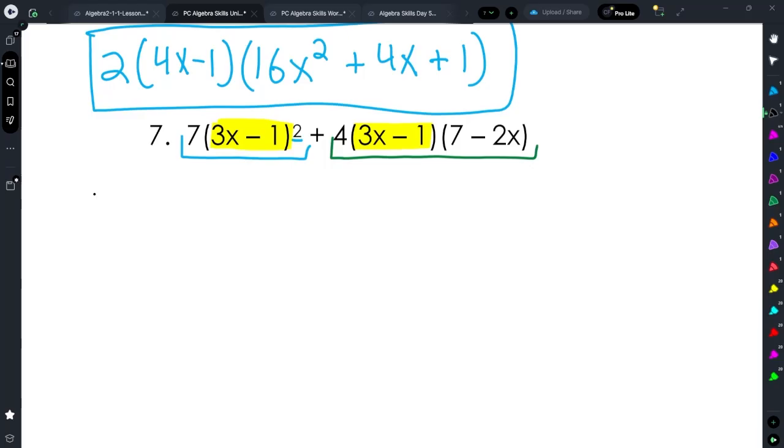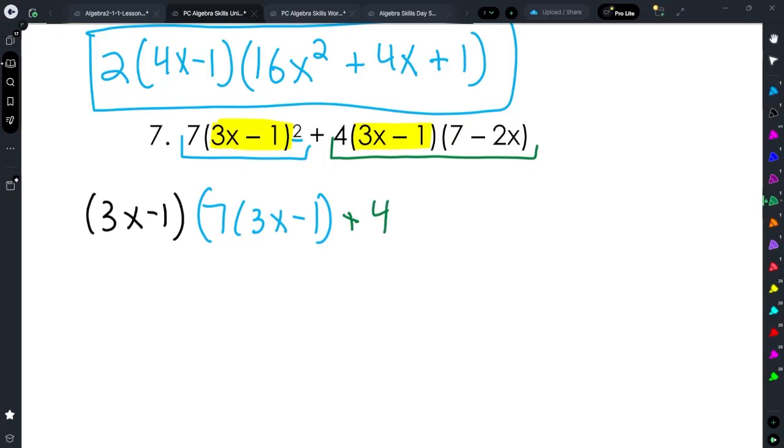So we're going to factor out a 3x minus 1. And then what we're left with in the light blue is going to be 7 times 3x minus 1. Oops, parenthesis there. Because there were 2 of them and we factored out 1. And then in green, we have 4. We factored out the 3x minus 1, so it's going to be 7 minus 2x now.